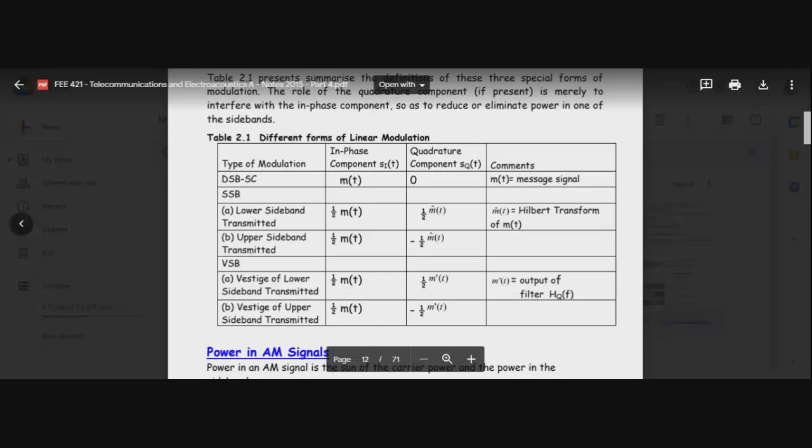What we're doing is listing on the left the type of modulation and seeing what forms these two components, S_I and S_Q, will take. When you have double sideband suppressed carrier, S_I is m(t) and the quadrature component is 0. You could actually swap them if you want. You can put the in-phase component to be 0 and the quadrature component to be m(t).